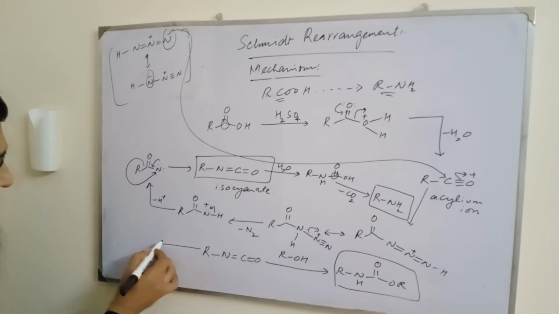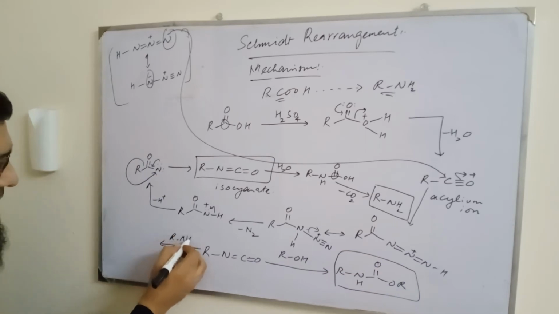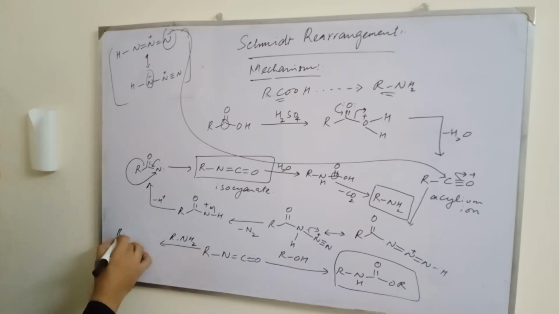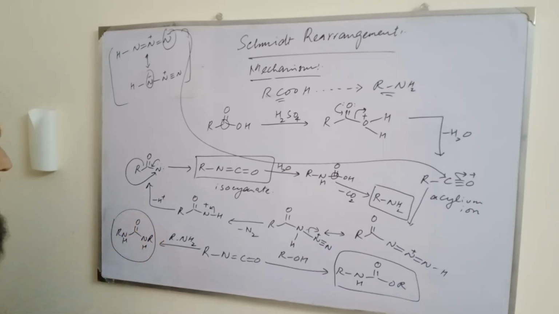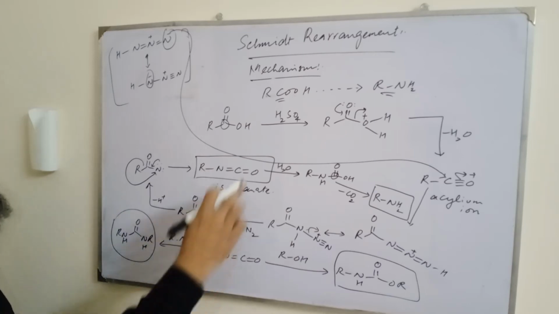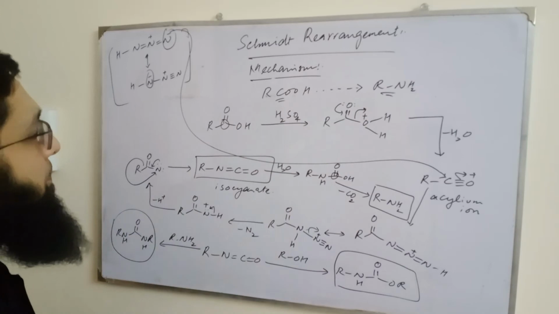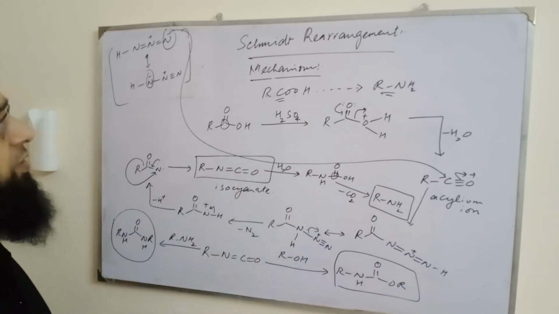And if we treat it with amine, we would get urea derivative. So this is conversion of carboxylic acid to amine, and now we see the conversion of ketones to amides.